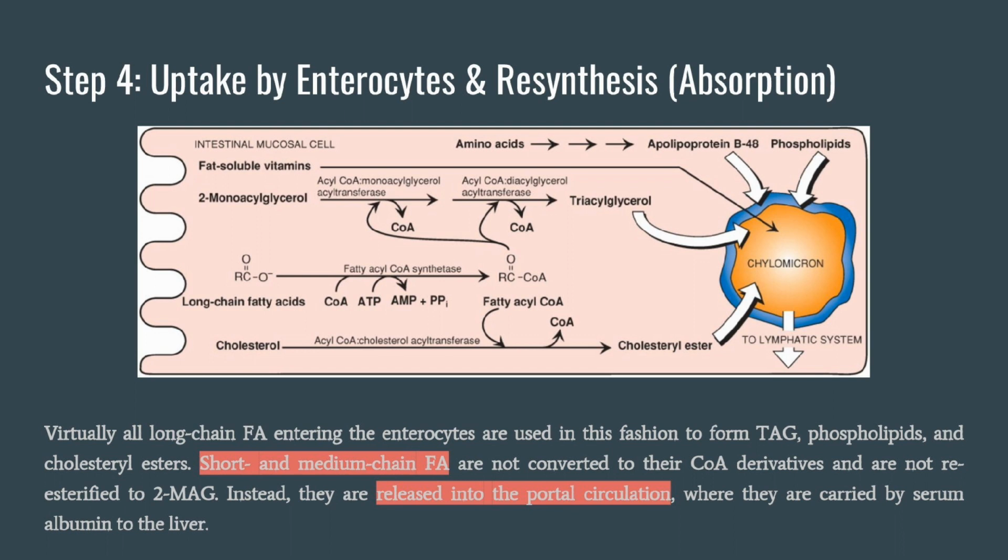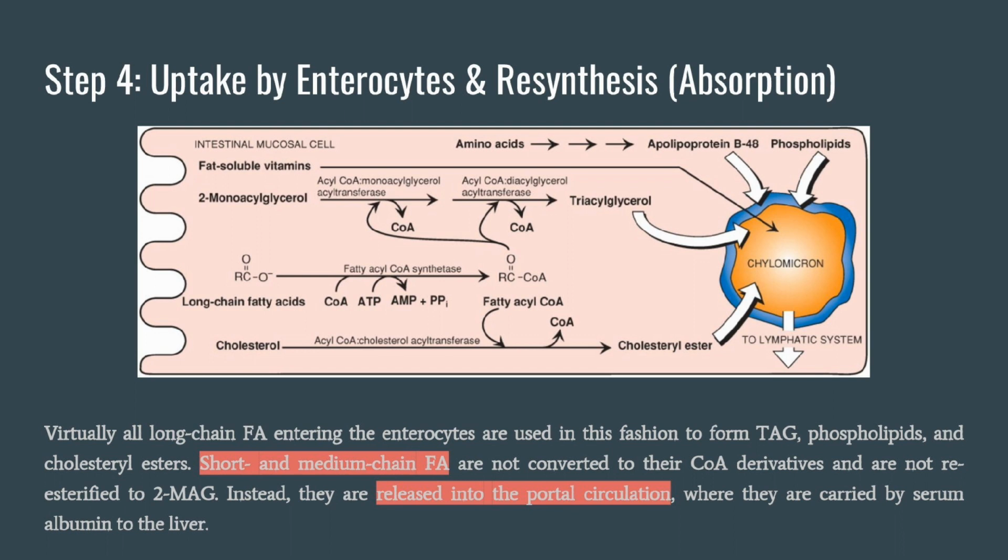The 2 MAG absorbed by the enterocytes are converted to TAG through sequential reacylation by 2 acyltransferases: acyl-CoA MAG acyltransferase and acyl-CoA diacylglycerol acyltransferase.